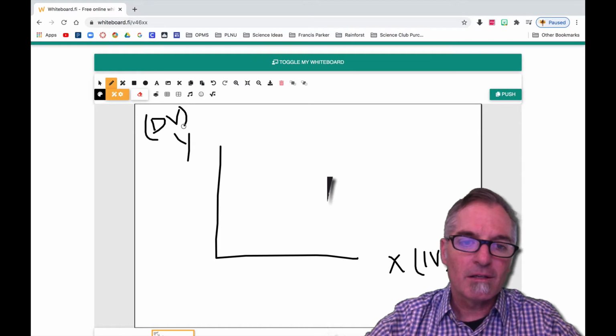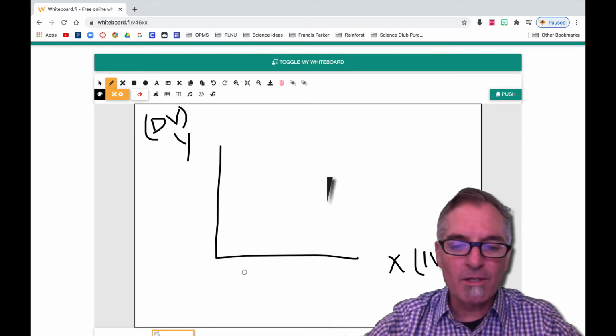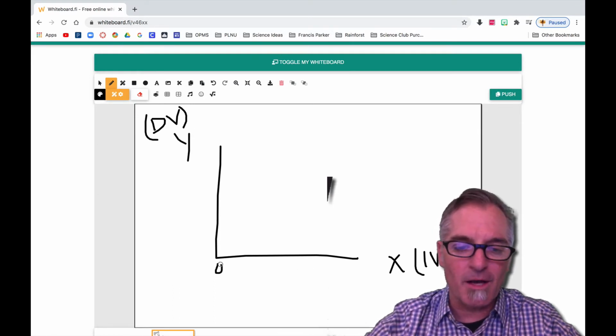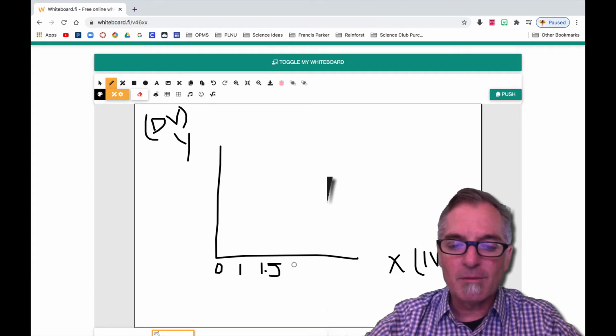And this one was, remember, aspirin, so maybe 0 aspirin, maybe 1 aspirin, maybe 1.5 aspirin, maybe 2 aspirin, and maybe 2.5 aspirin. Probably don't want to take any more than that. Might not be good to overdose with aspirin, right?